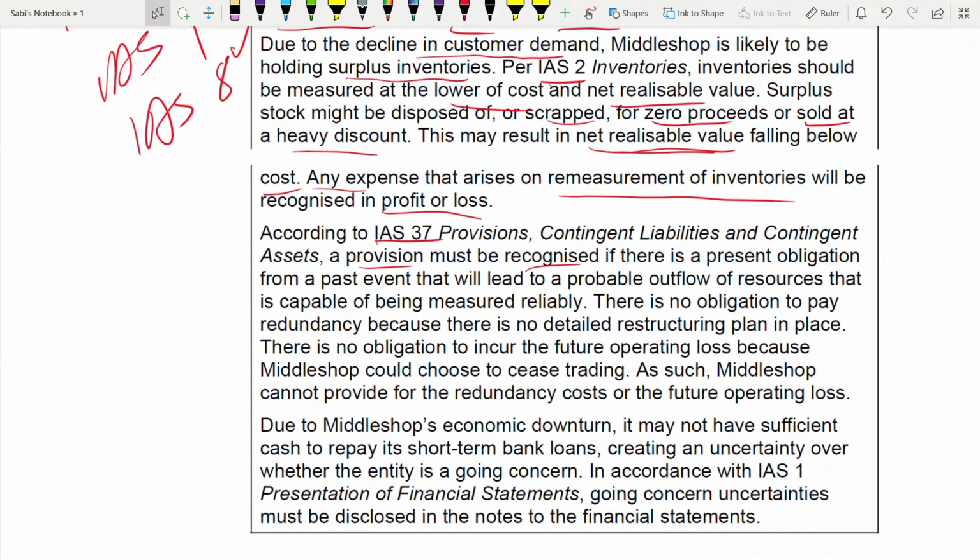There is no obligation to pay redundancy. Are you obliged to pay redundancy? No. How do you know whether you have an obligation or not? It's very simple. There is no formal plan or no detailed restructuring plan. Whenever there is no detailed restructuring plan, that means there is no obligation to pay redundancy and you do not recognize it. Simple.